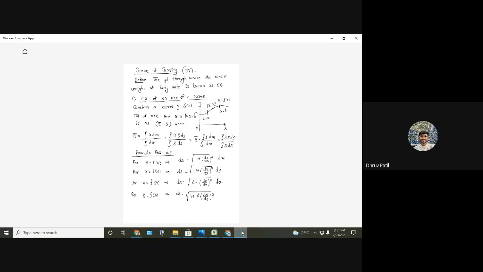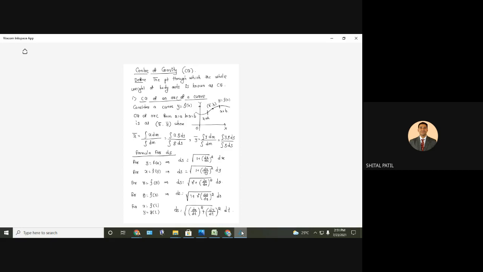The s is the distance, ds is the derivative of that. Parametric curve now. Just remember the formulas.